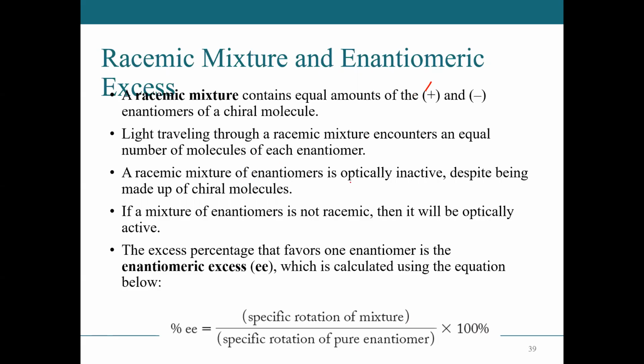A racemic mixture of enantiomers is optically inactive, so it's not going to rotate light to the left or right. If a mixture of enantiomers is not racemic, remember I gave the example if it contains like 40% of this and 60% of this, then it'll be optically active. The excess percentage that favors one enantiomer is the enantiomeric excess, which is calculated using the following equation.